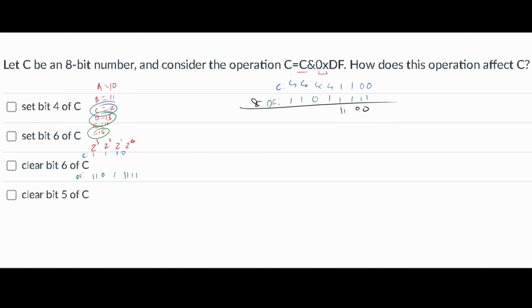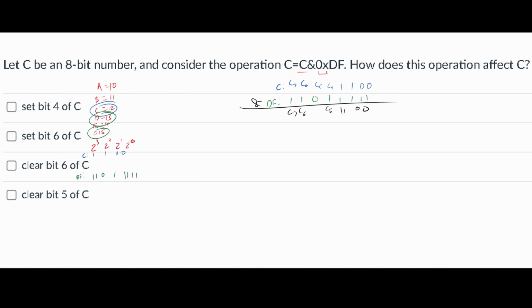Now, let's keep going. These right here are also 1s. So if they are ANDed together, it's going to give us 1s. Now, if our Cs are 0, it's going to give us 0s. So this is not going to change our C7, C6, and C5. Nothing's going to change here.